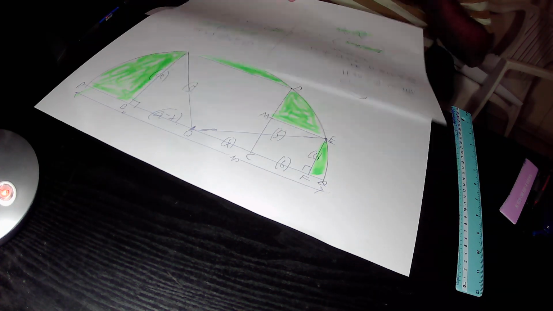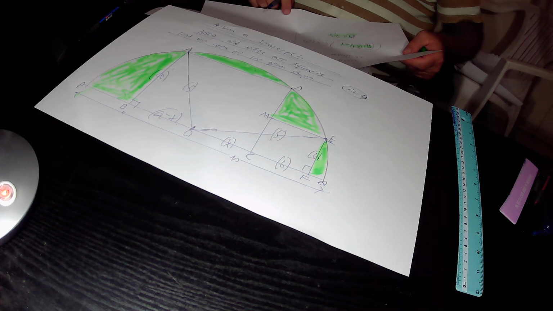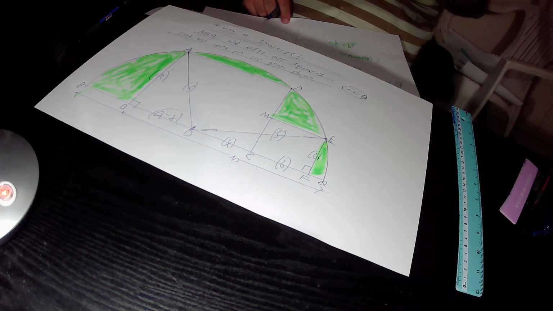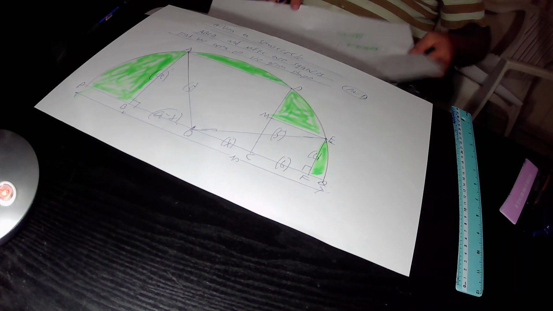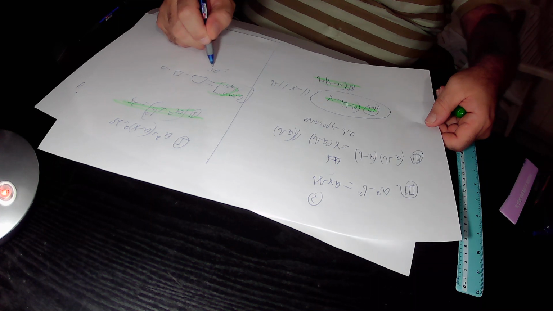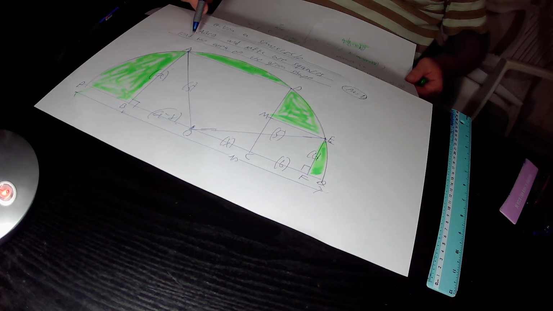We know that the radius of this semicircle, r, equals 5. Therefore, the area of this semicircle must be equal to pi r squared over 2. r is 5, so it is 25 pi over 2. The area of the semicircle equals 25 pi over 2, minus the area of the big square.